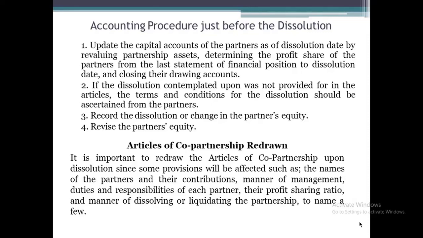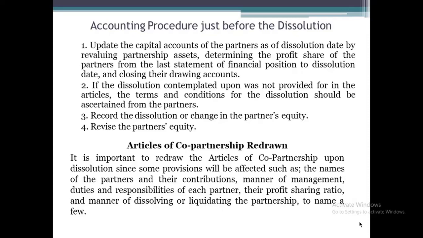Number 2, if the dissolution contemplated upon was not provided for in the articles, the terms and conditions for the dissolution should be ascertained from the partners. So, kung yung terms and conditions ng dissolution is hindi provided sa articles of co-partnership, ayan, so, hindi nakasulat doon sa articles of co-partnership kung paano yung hatian ng profit kapag nag-dissolve yung partnership or kung paano yung hatian ng partnership asset kapag nag-dissolve yung partnership.